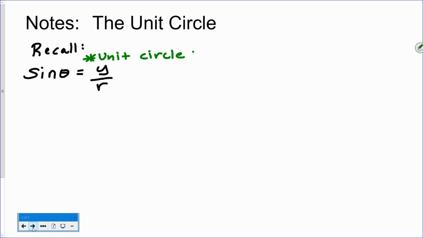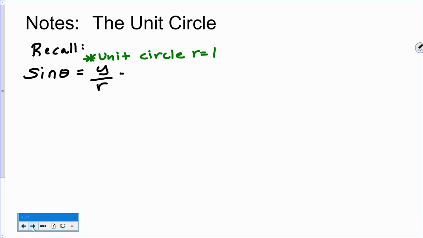Let's recall back to one of the first things we learned in trig. We talked about sine, cosine, and tangent, and that sine was y over r. Okay, but in the unit circle, I said r would equal 1.